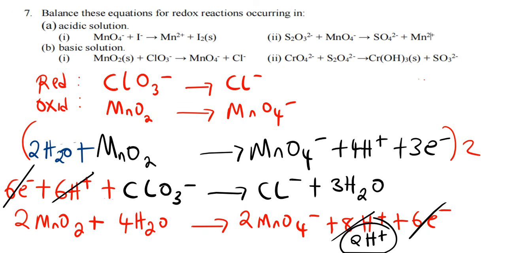We said you balance the H plus, or the hydrogen, by adding OH minus. So in this case, what are you going to do? Because here we've got 2H plus, it means on the other side I'm going to add 2OH minus.